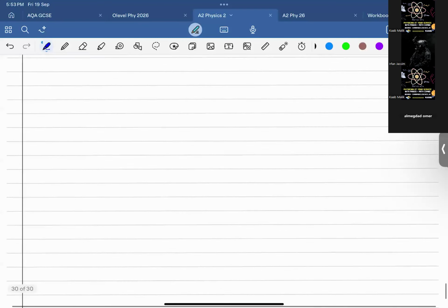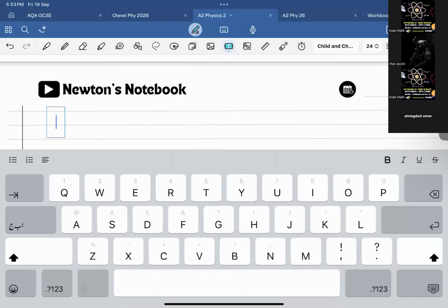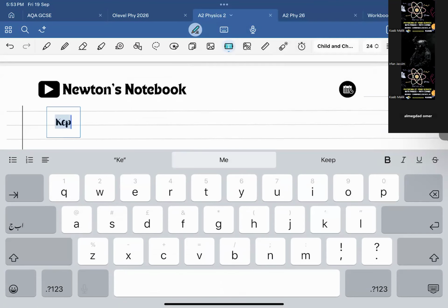Okay, so this is something called Kepler's law of planetary motion.